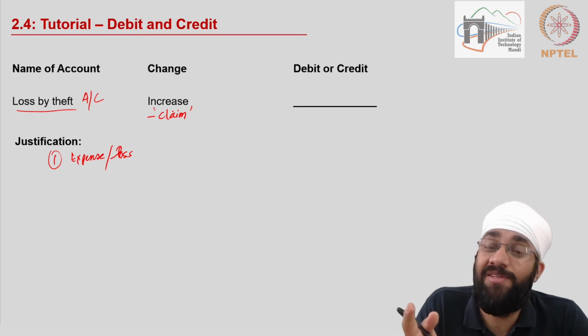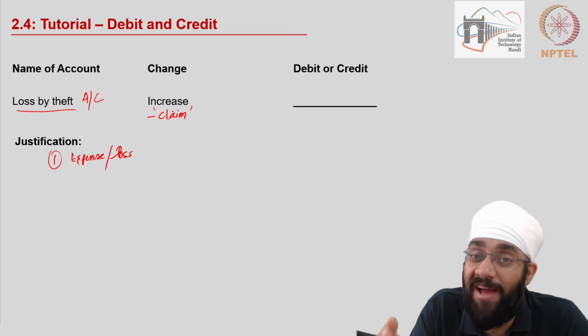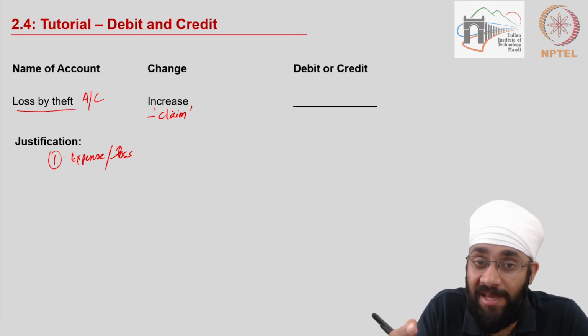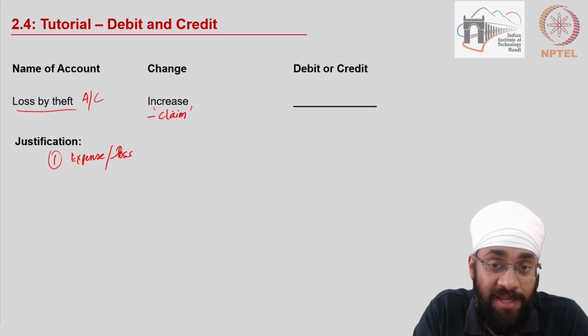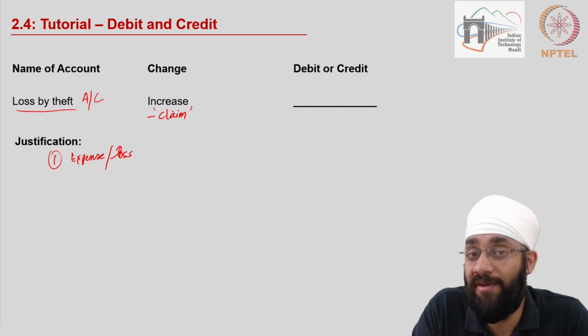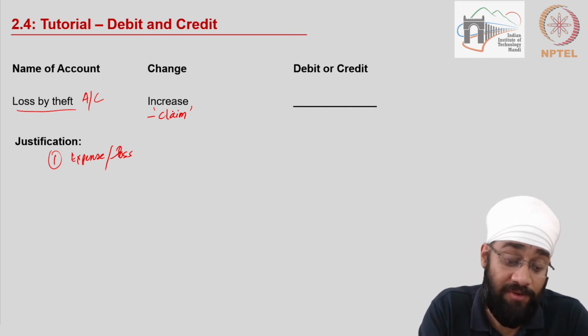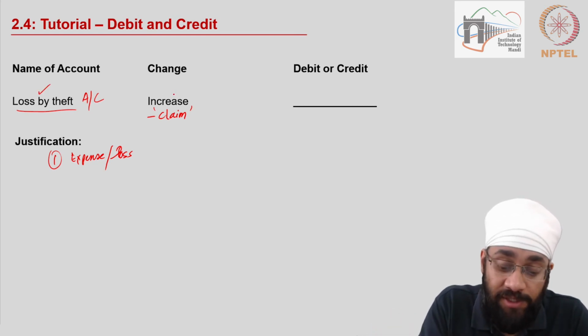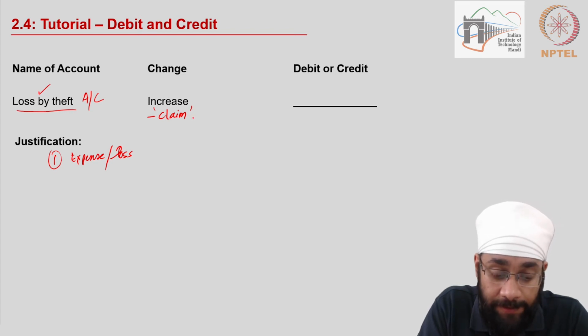Now, you could argue saying you actually have a legal claim on that and you can file an FIR and then legal proceedings can happen. But assuming that everything has now settled and you can't recover this money, that is the loss. That is when the loss is recognized as well. So it is a reduction in the claims of the business as well.